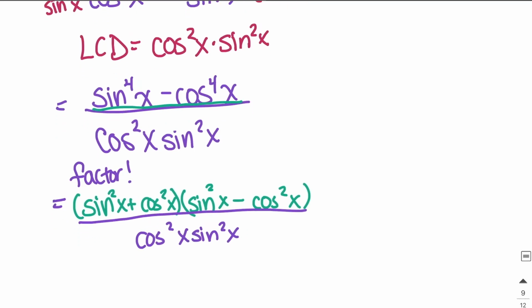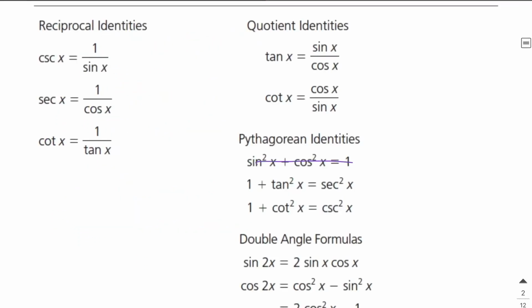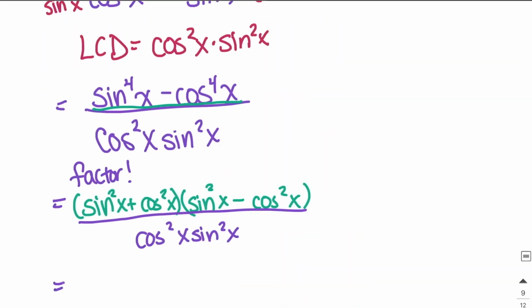Okay? And now I can look back and see this identity right here, sine squared x plus cosine squared x, is the same thing as 1. So I can replace this entire expression with the number 1. It's super nice because it literally is just going to make everything inside of there disappear.